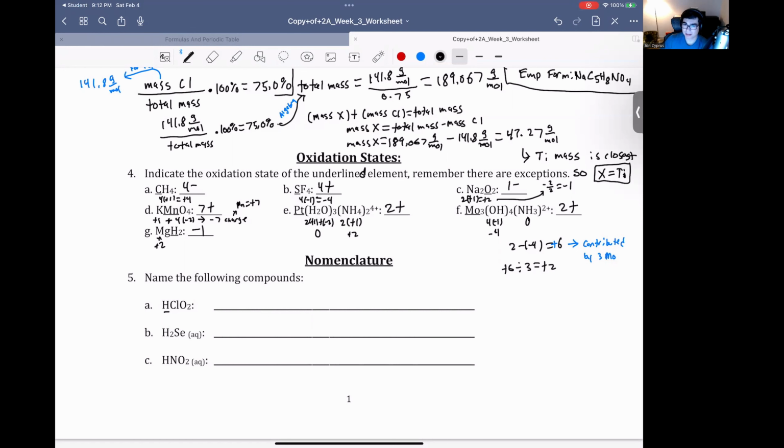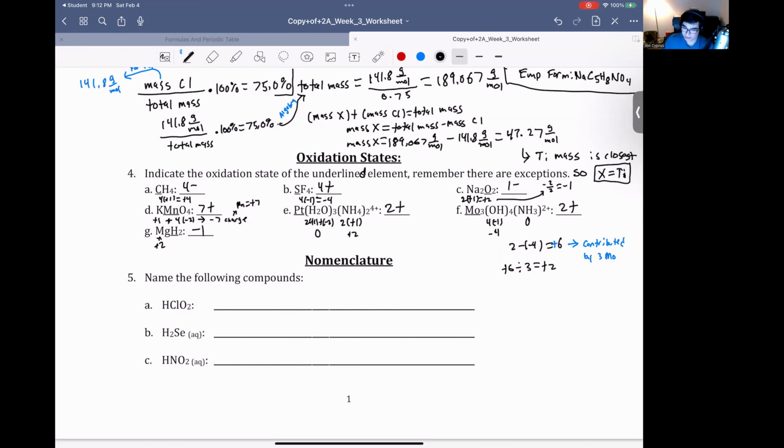So when you name these, you're going to want to name them with the conventions that you did in class, on that worksheet. We have a hydrogen in the beginning, so we're going to want to denote this as an acid instead of just writing hydrogen chloride. So over here, we have HClO2.